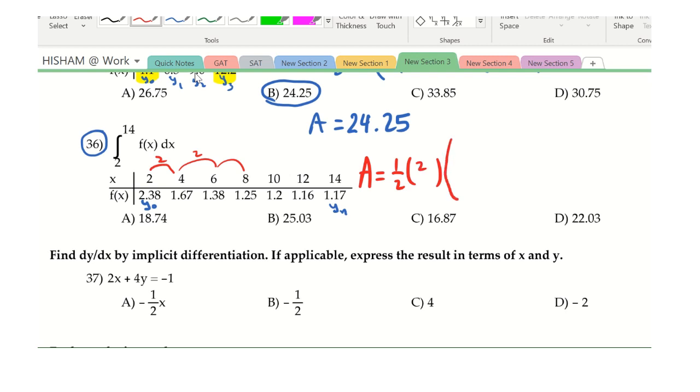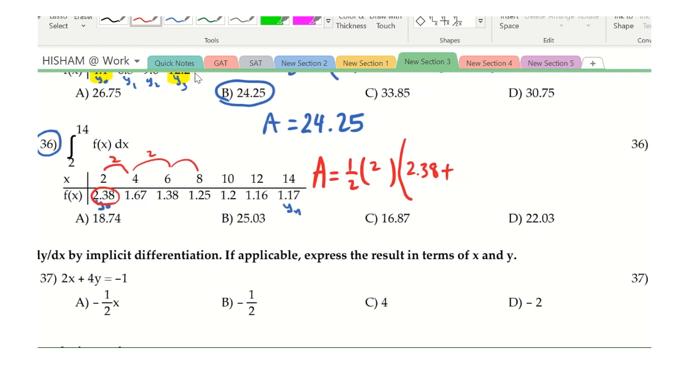Then first value of y, which is 2.38, plus last value of y, 1.17, plus twice each value between them, or you can write just twice and add them all in one step.